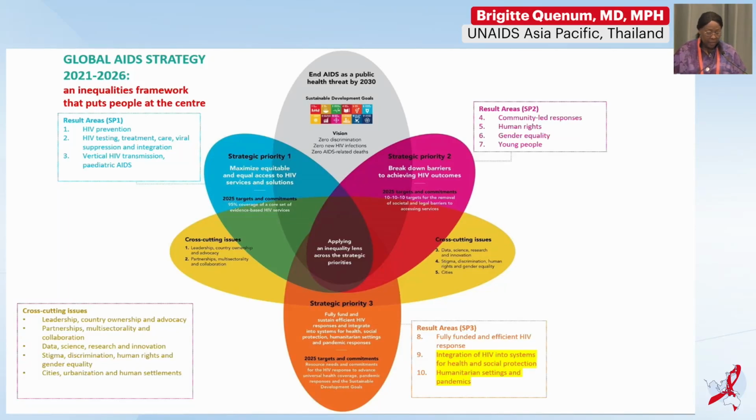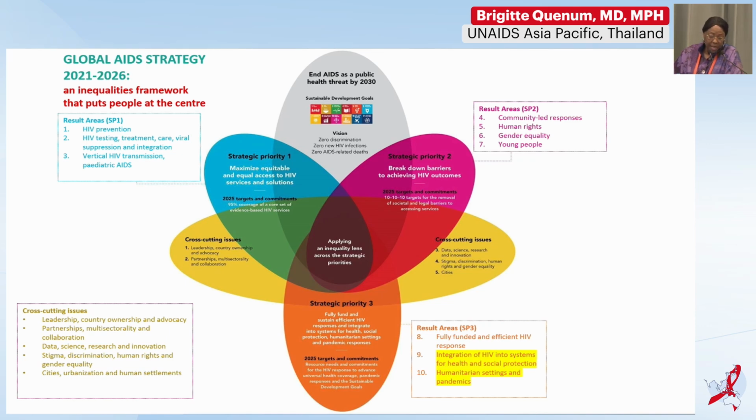So the title of the presentation, as requested by the organizer, is Inequality and HIV Response in Asia Pacific. And this is time for me to connect you with the Global AIDS Strategy 2021-2026 that you all know, that aims to end inequalities and put people at the center.